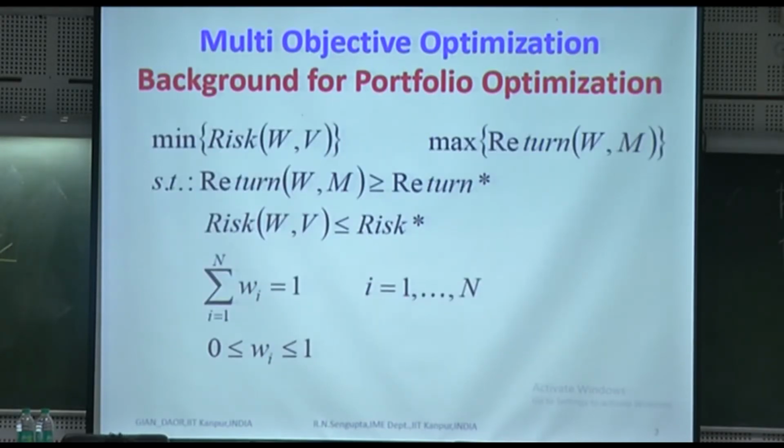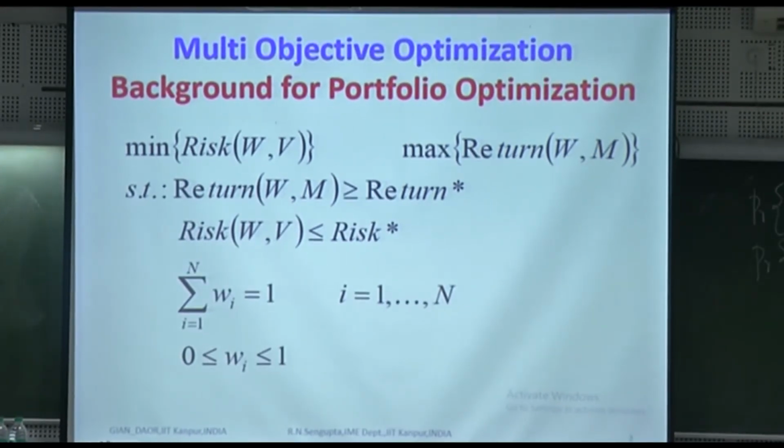Now the problem is like this: you minimize the risk of the portfolio, you maximize the return on the portfolio, and the return has to be greater than some return star which is fixed by you depending on your level of risk perception or your risk return profile, and the risk value is less than or equal to some risk star.